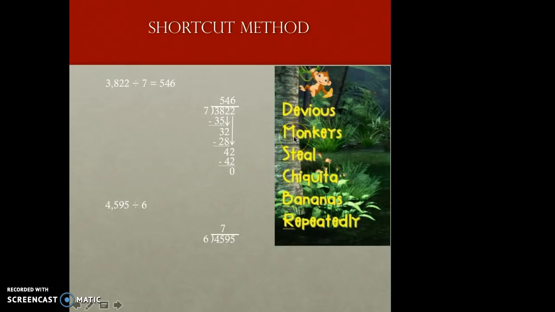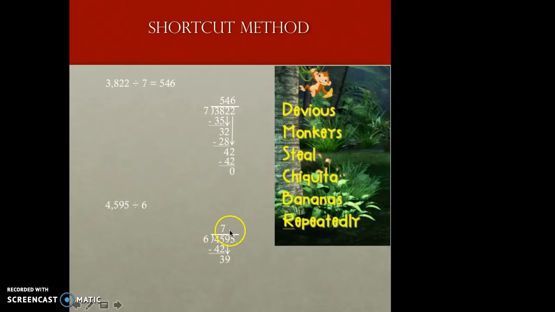So now it's time to multiply. 7 times 6 is 42. Subtract. C, Chiquita, CH means check. 3 is less than 6, so I'm all set. Now I can what? Bring down. I bring down the 9, and it's time to repeat.